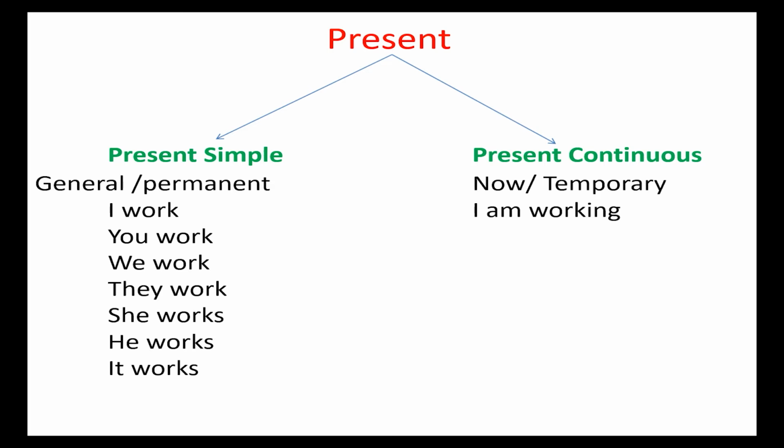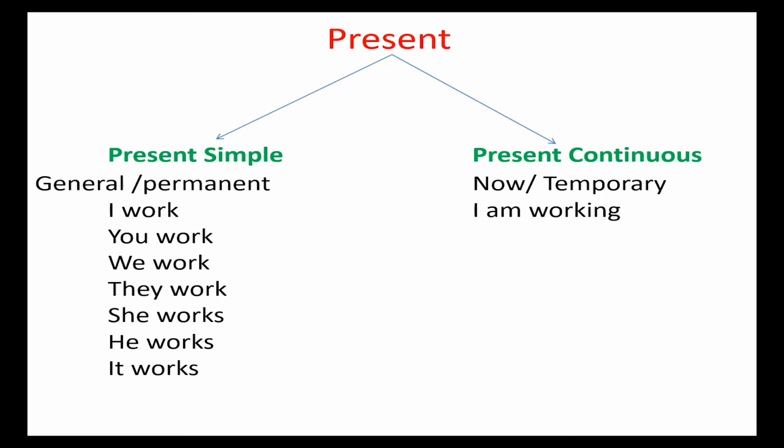What is the difference between these two sentences? When we say I am working, that is happening now. It is temporary. But when I say I work, this is general. And in present simple, that is permanent.